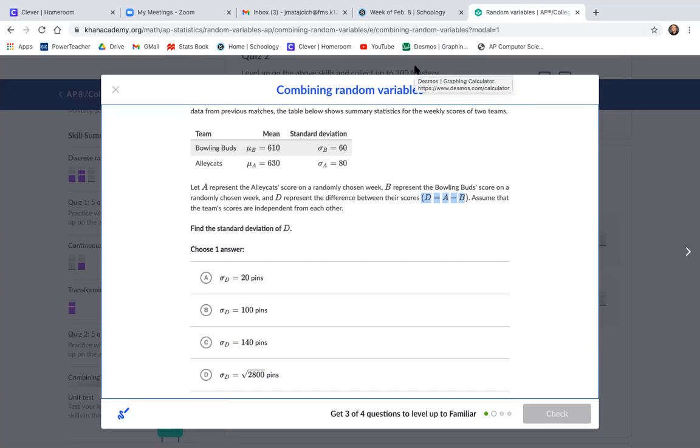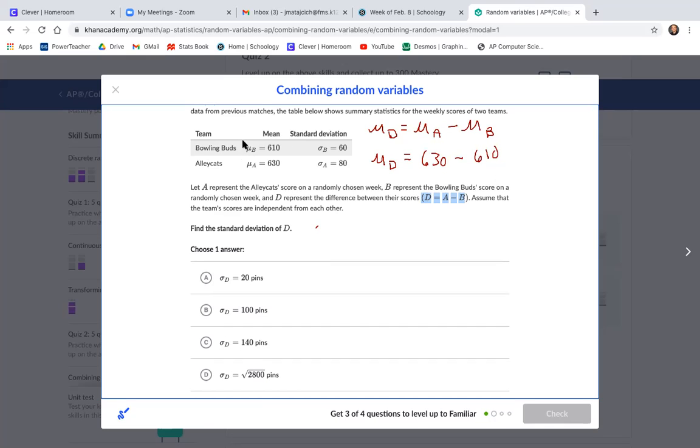Just to recap, we can always combine means. So it defined the difference as A minus B right here. So the mean for the difference would be equal to the mean for A minus the mean for B. So the mean difference in scores here would be 630 minus 610.